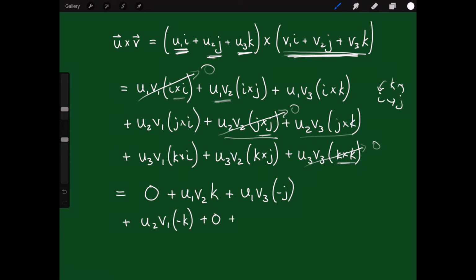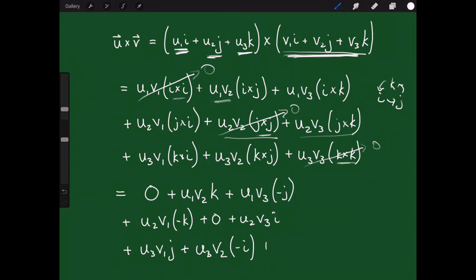Then the next term is U2 V3 times J times K, which is I, plus, then I get U3 V1 times K times I. K times I is going to be J. Okay, plus U3 V2 K cross J. K cross J is negative I. And finally, we have plus 0.